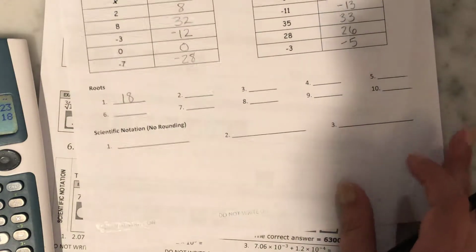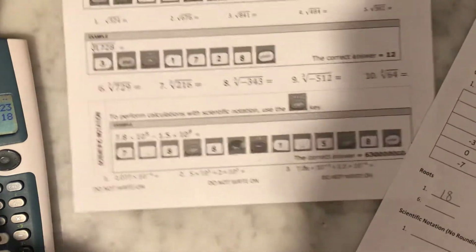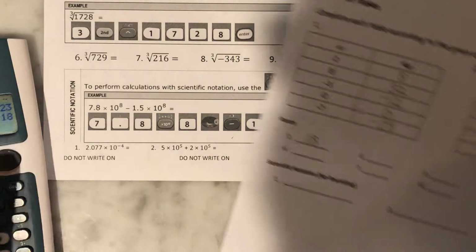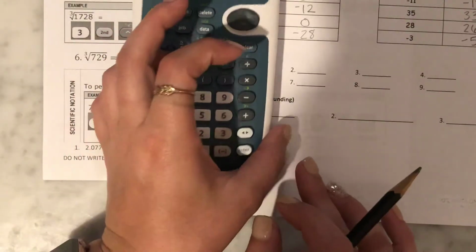Okay, so then let's look at the rest of them, 6 through 10. And so we have that cubed. Okay, so we have to press the 3 first.